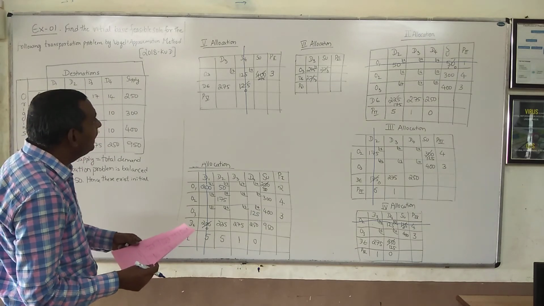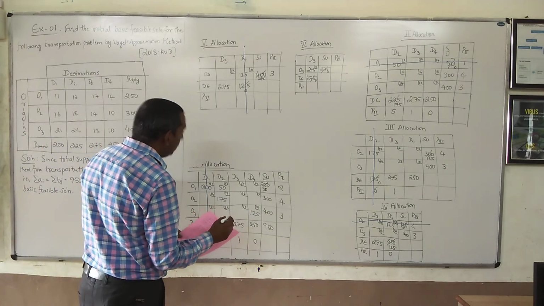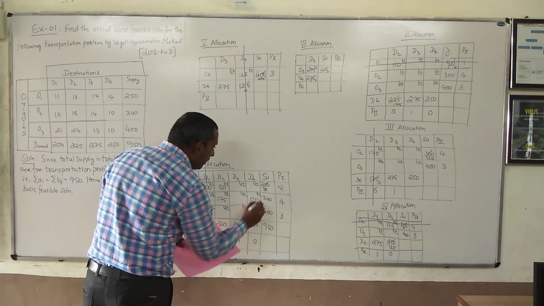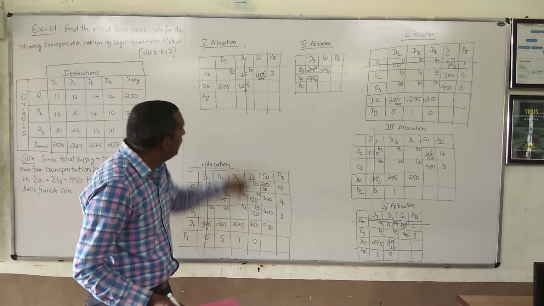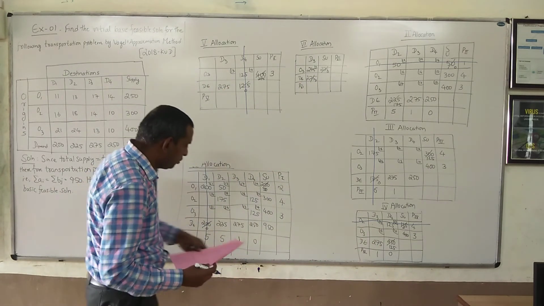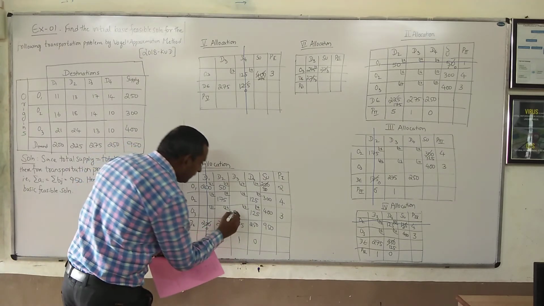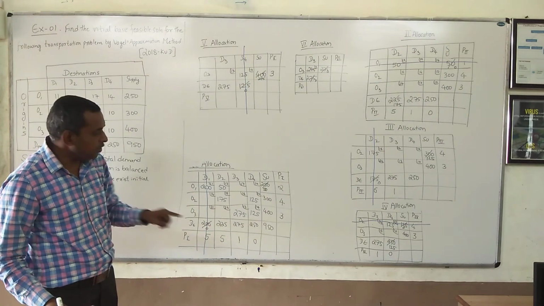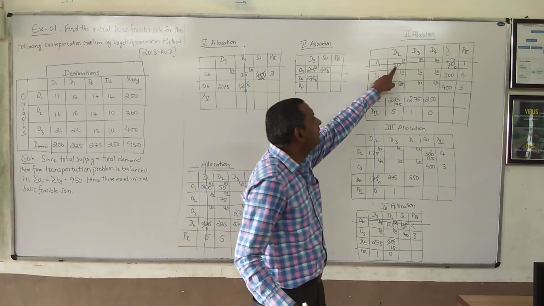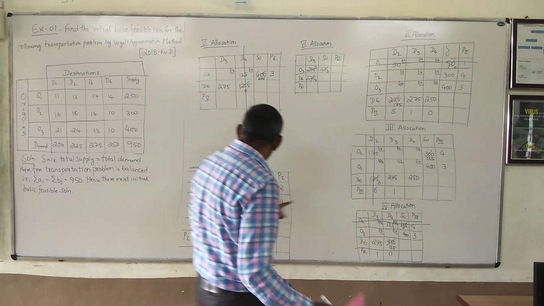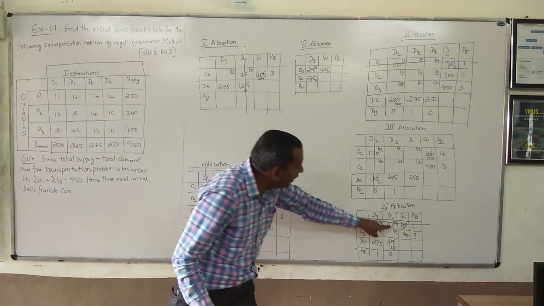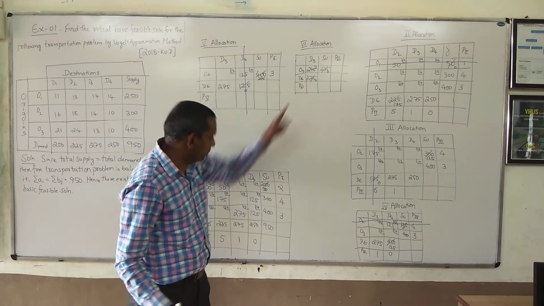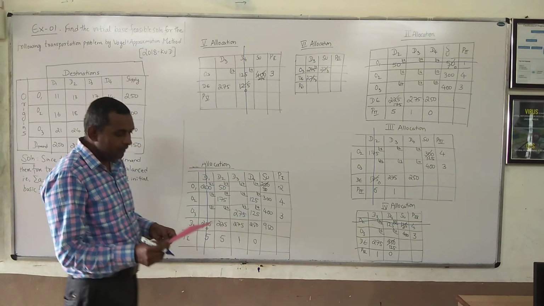Then followed by 275. So let me repeat this one. 200 is the first allocation. 50 is the second allocation. Next one is 175. Then next one is 125. Then next one is 125. Next one is 275. So all the allocations are done.